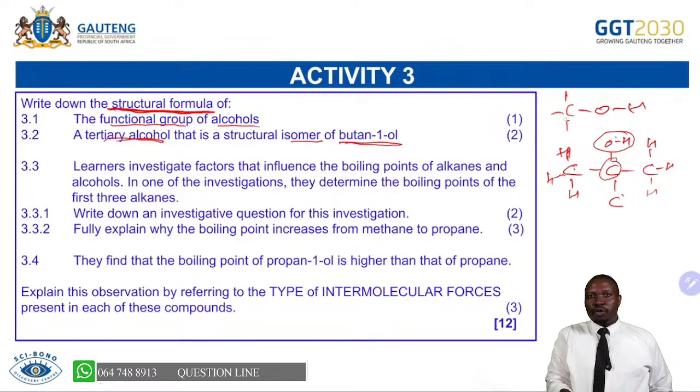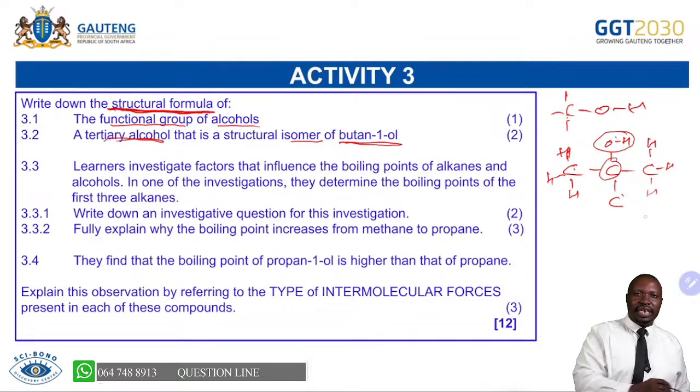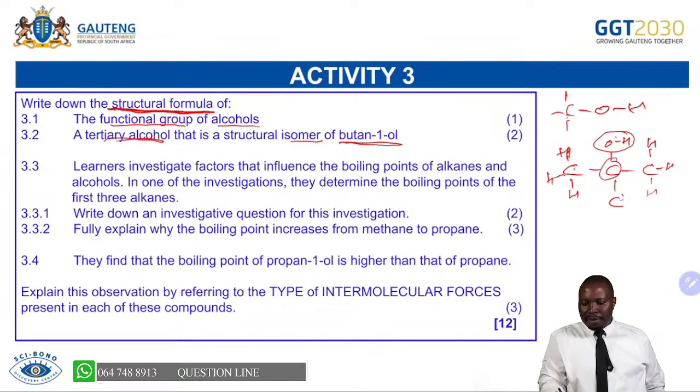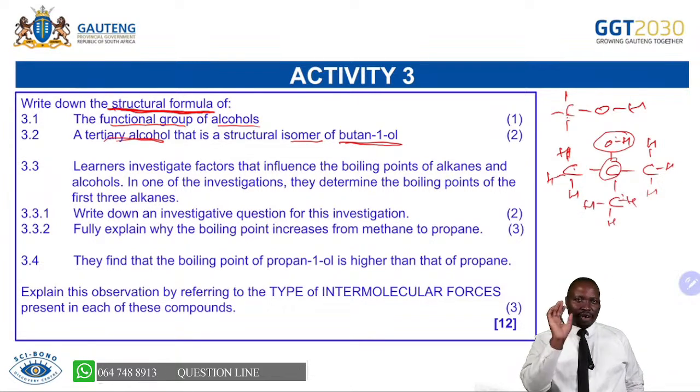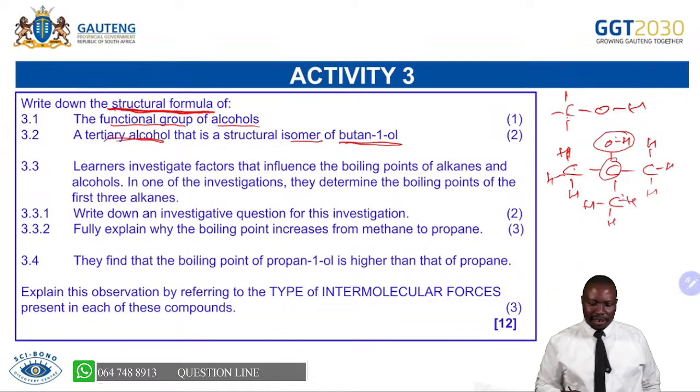Remember, for it to be a functional group, this carbon is part of it. So when you define, you are not saying the carbon that is bonded to the functional group, because this carbon is part of the functional group. You are saying the carbon that is bonded to the hydroxyl group is bonded to 3 other carbons. Then that makes it a tertiary alcohol. And make sure that your carbons are surrounded by 4 bonds all the time, because if you forget 1 carbon with only 1 bond, the whole structure is wrong. Let's move.